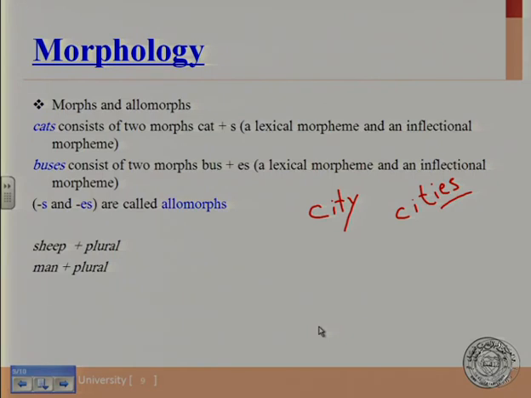We have city and i-e-s. So the i-e-s here is called an allomorph. Why? Because it is of the same group, same class, or same category of s or es. But the irregular form, as I said, sheep, man, for example, child into children again, they are called zero allomorphs.